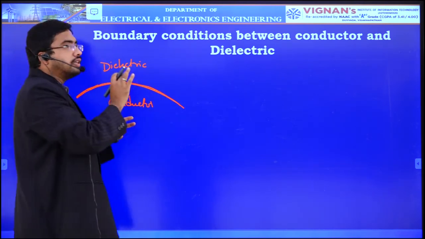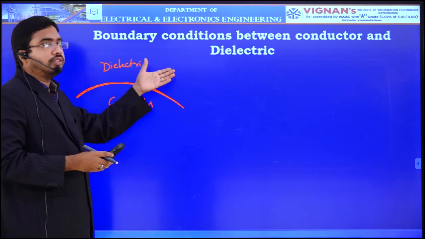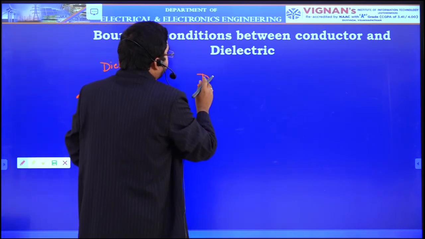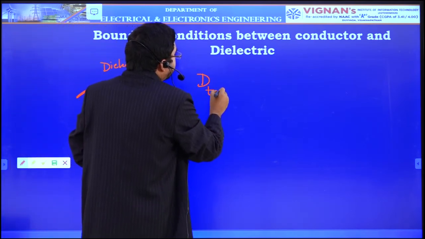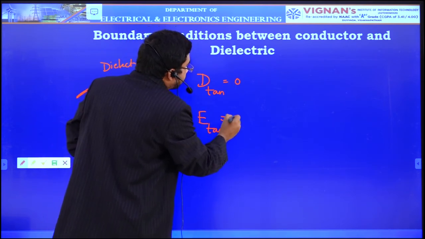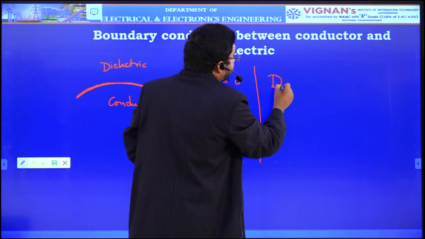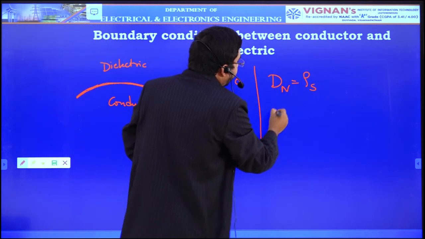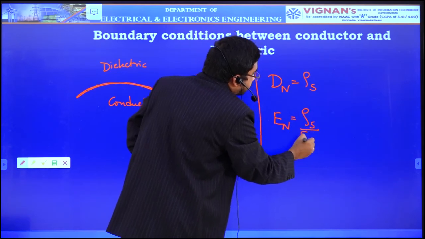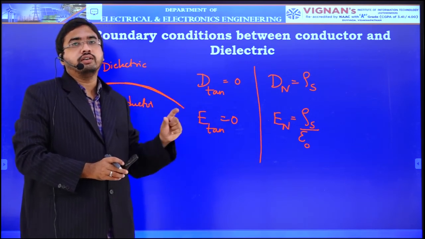Here the derivations are all the same as in the previous derivation, conductor and free space. What are the conditions? D tan equal to 0 and E tan equal to 0. And when you are looking from the normal component side, Dn equal to rho s and En equal to rho s by epsilon naught. These are the conditions when you are considering the boundary between conductor and free space.